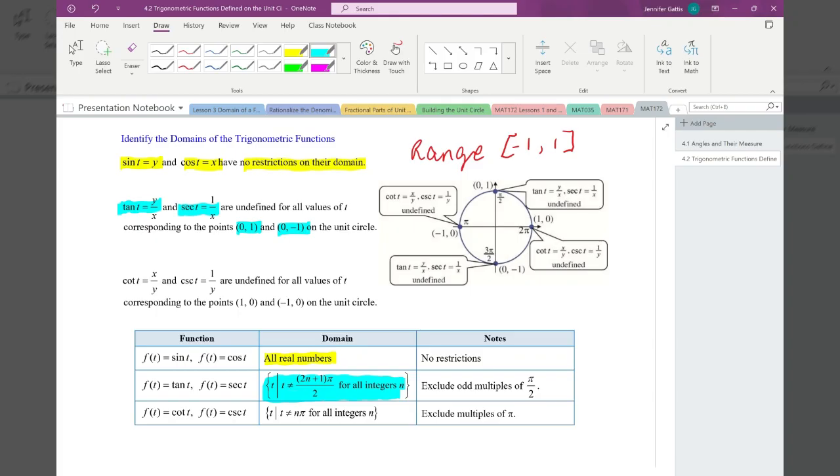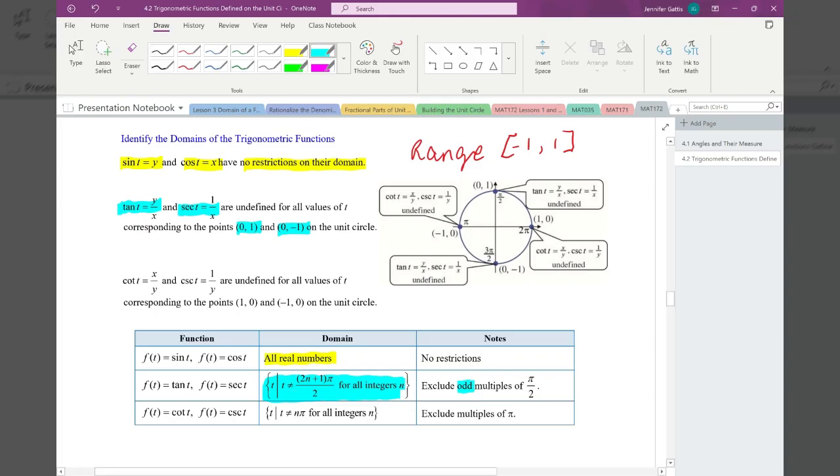This 2n plus 1 is the way that we indicate odd. If you think of any integer n, if you double it and add 1, it's always going to be an odd number. So what we're saying is we exclude the odd multiples of pi over 2.